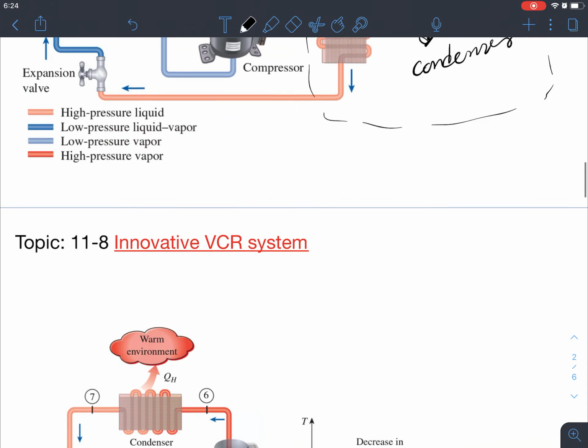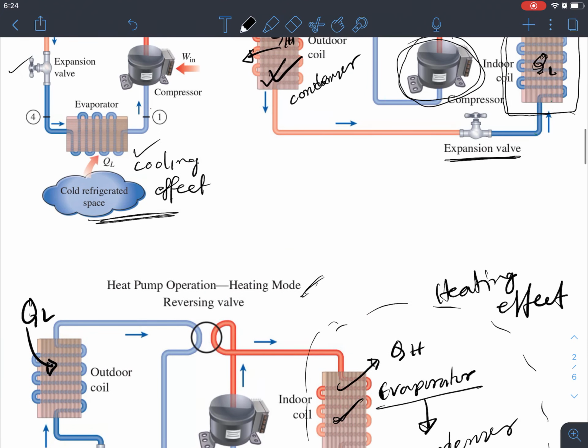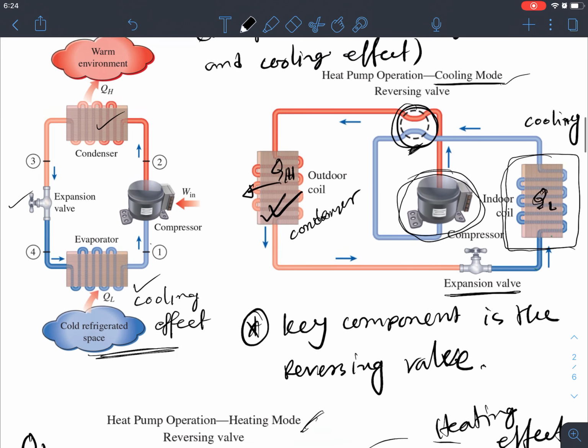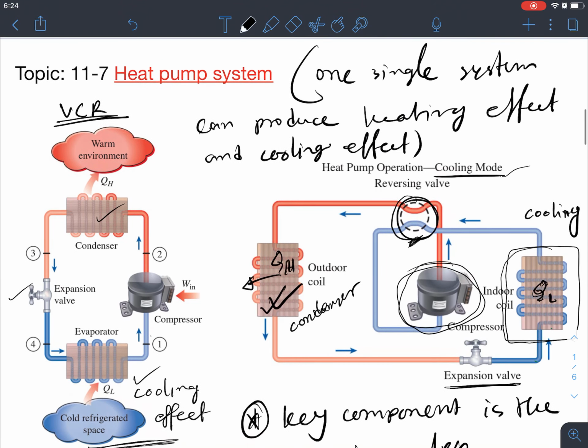The main thing, the key component, is the reversing valve. That valve regulates the flow direction and creates the cooling effect and the heating effect. So that's the heat pump system.